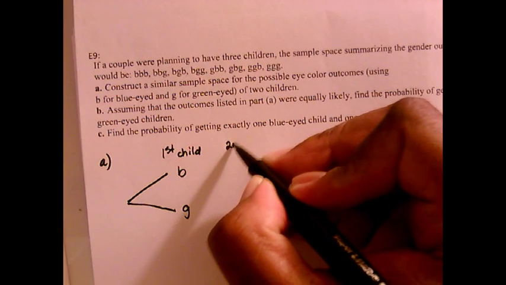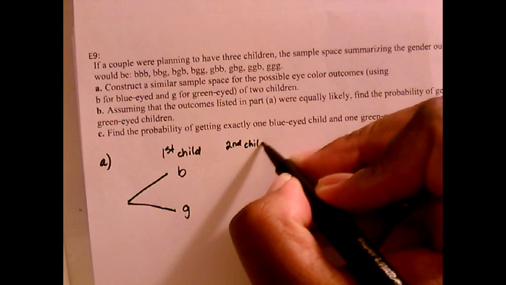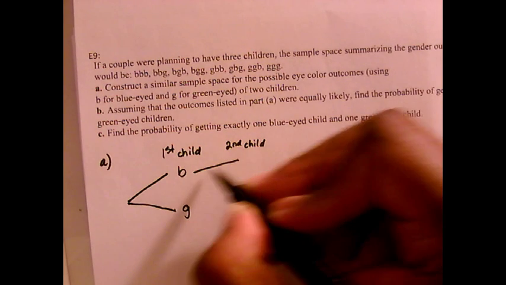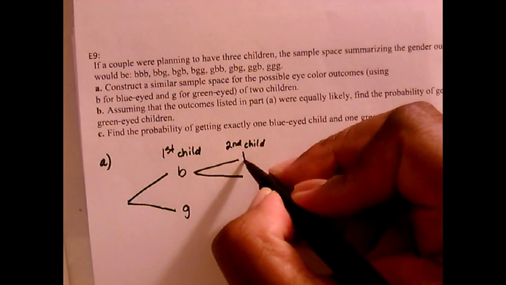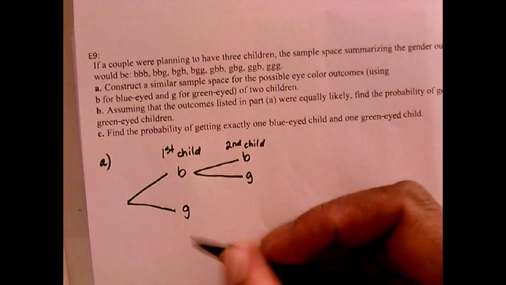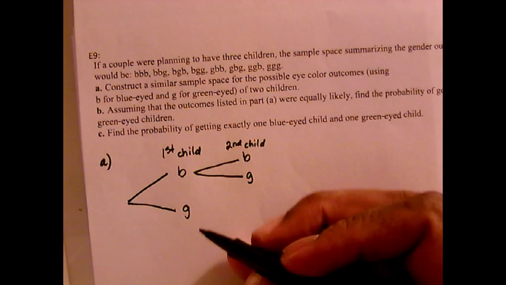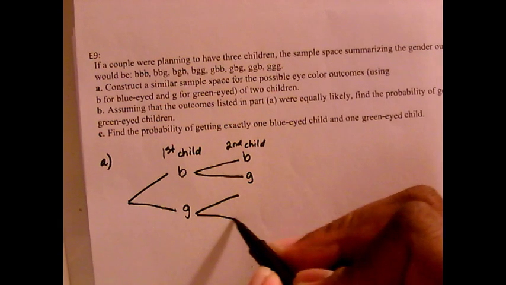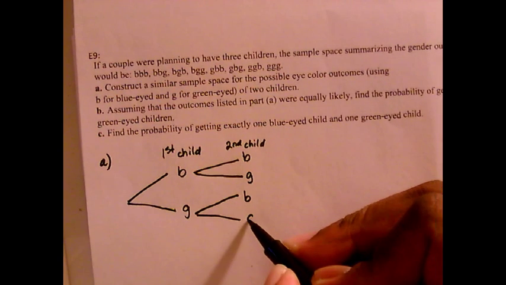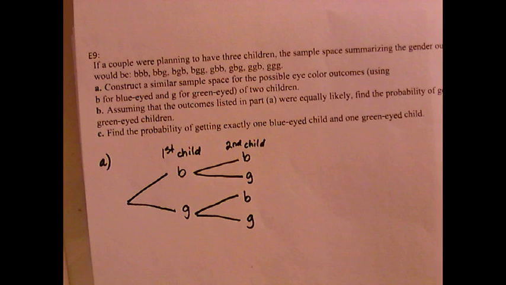And then we'll expand that for the second child. If the first child has blue eyes, then the second child will either have blue eyes or green eyes. And if the first child has green eyes, then the second child will have either blue eyes or green eyes. Okay? So that's what the similar sample space looks like.